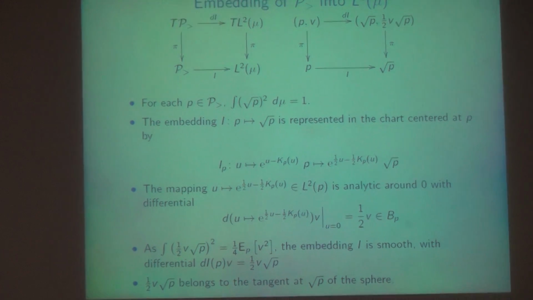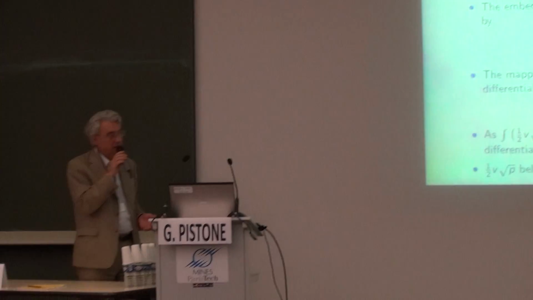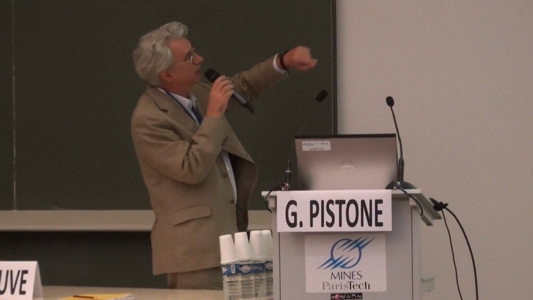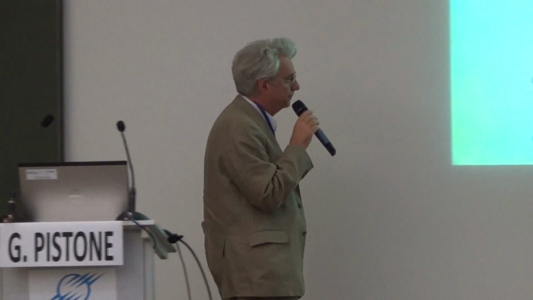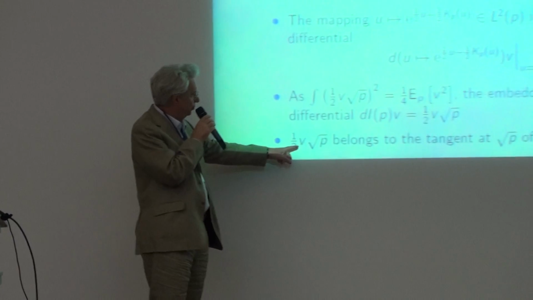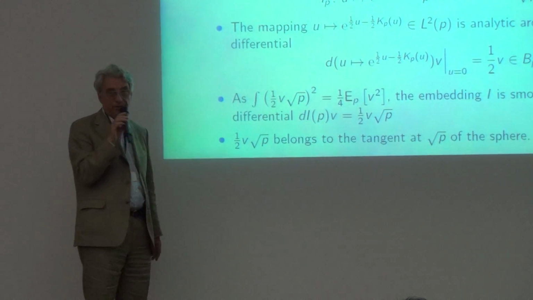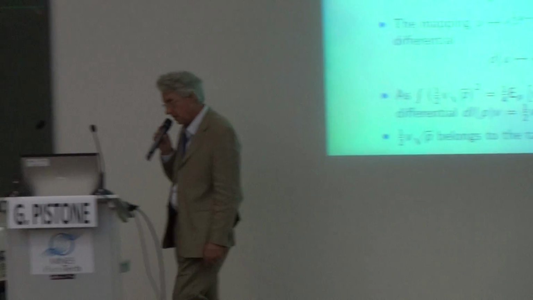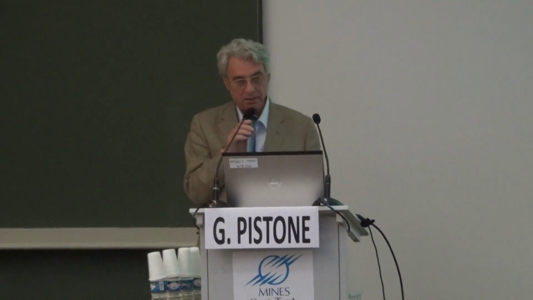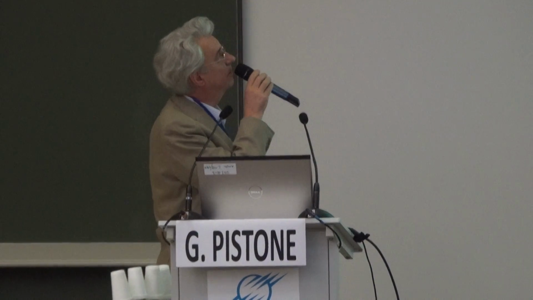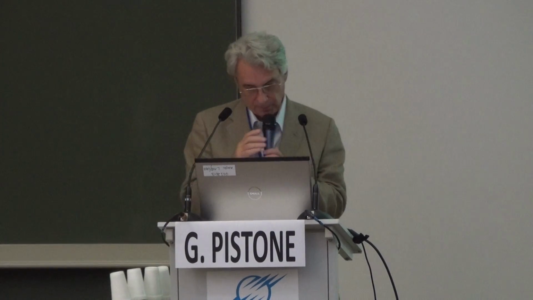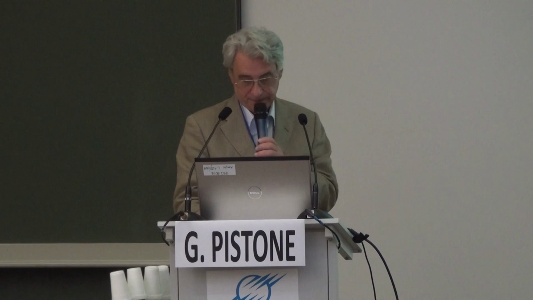I can compute the tangent space, and I can compute the tangent of the embedding. The tangent is 1/2 V square root of P, a tangent in the direction V, which happens to be a regular mapping between Hilbert spaces.